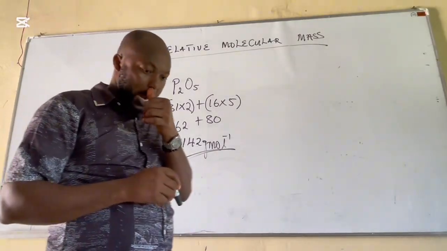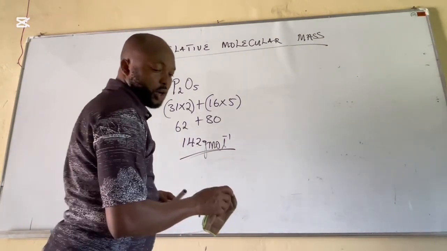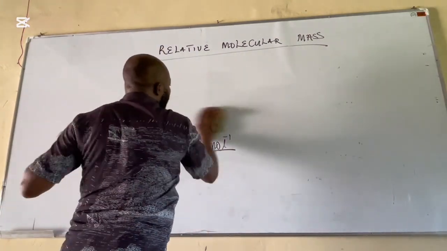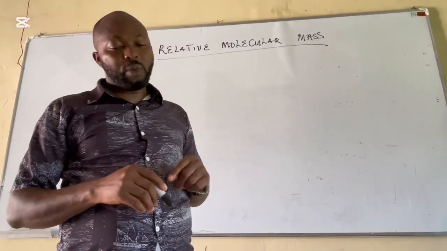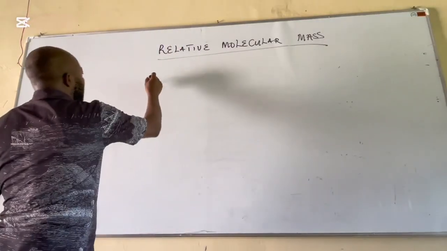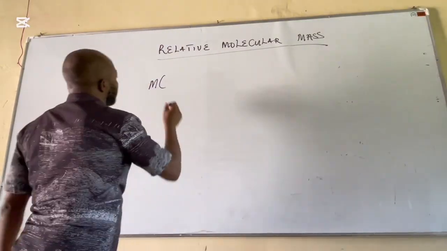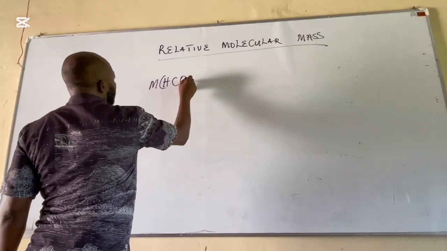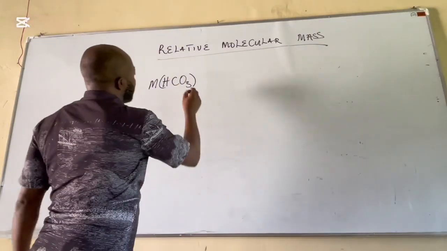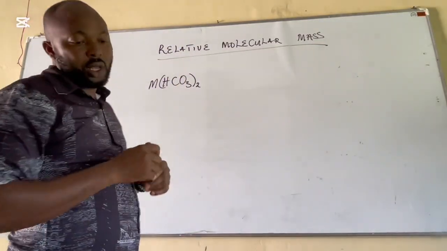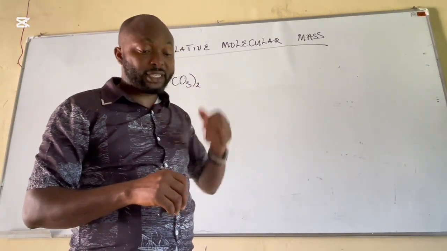Okay, let's take some questions that look applied, maybe one or two. The question says, 1 mole of a compound has a mass of 162.